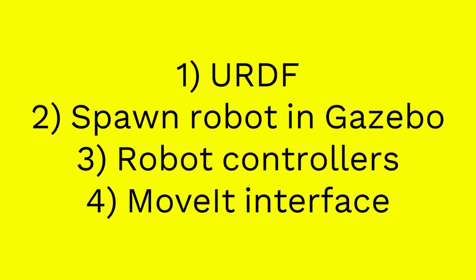Then second, you need to spawn your robot into Gazebo, or if you have a world to simulate your industrial environment. Then the third point will be to spawn your ROS controllers, so we're going to use the controller manager.